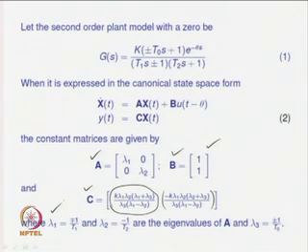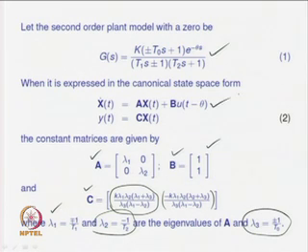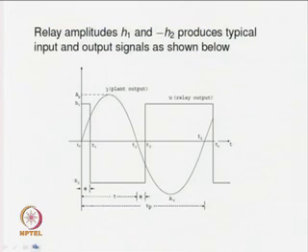We can write the expressions for them with respect to the transfer function model as lambda 1 equal to minus or plus 1 upon t 1, and lambda 2 equal to minus 1 upon t 2, whereas lambda 3 is given as plus or minus 1 upon t 0. So, using these lambdas and the state equation, it is possible to find an analytical expression for different spans of the sustained oscillatory output.